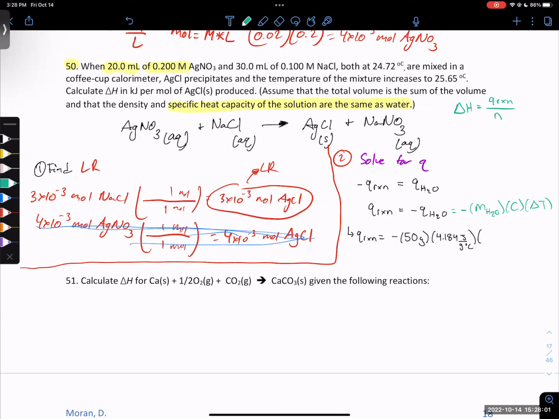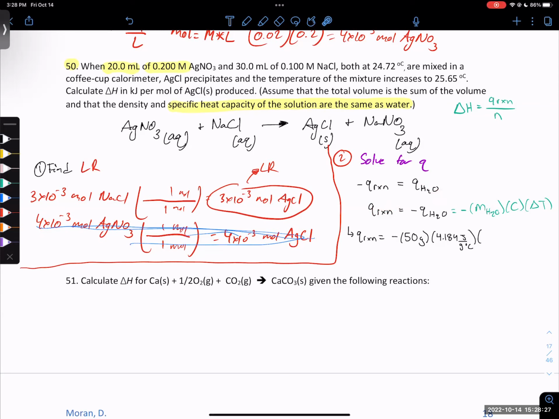Why did you put the negative sign onto water? It was on the reaction side, and you just moved it over? Yeah, it was like this at first. But I need to solve for Q reaction. I don't want negative Q reaction, I want Q reaction. So I'm switching the negative sign over so I can solve for Q reaction, which I will plug in later.